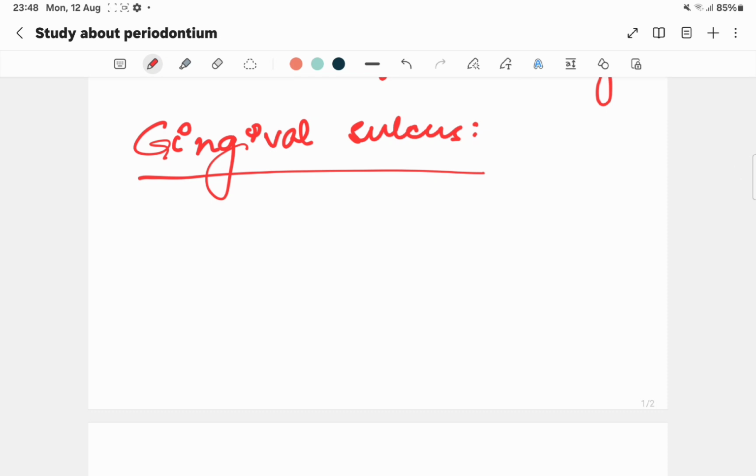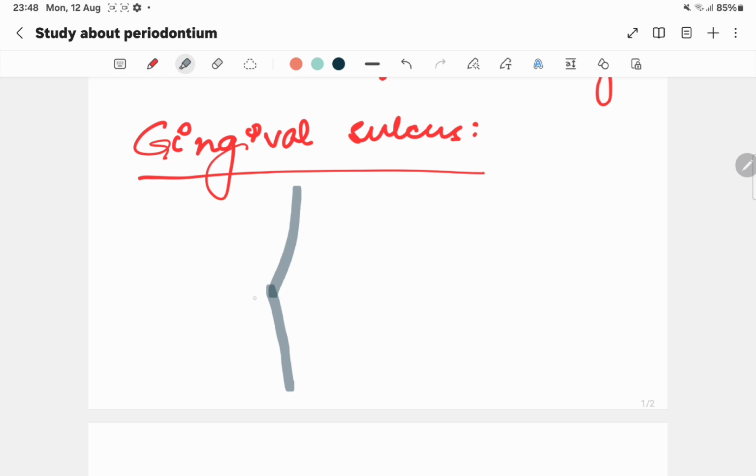The gingival sulcus is a shallow space between the marginal gingiva and the external tooth surface. So let me draw the external tooth surface. This is your root portion.